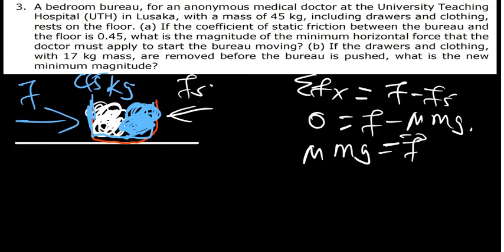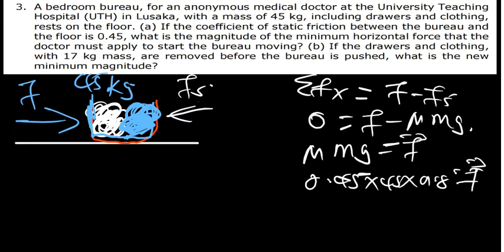The mu value is 0.45 times the mass, 45, times 9.8. It's going to be equal to the force. So 0.45 times 45 times 9.8, I'm getting my answer to be 198.45. That would be the minimum force.